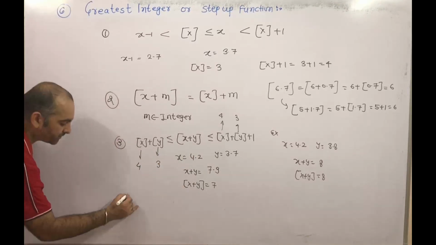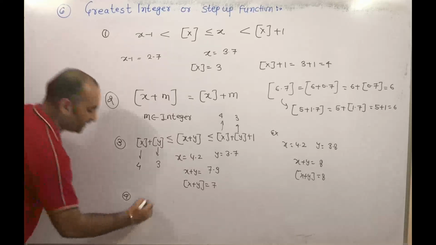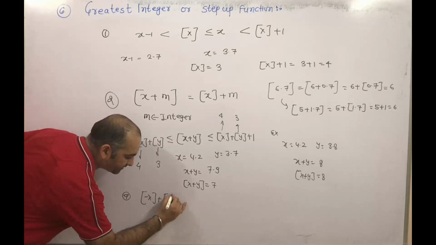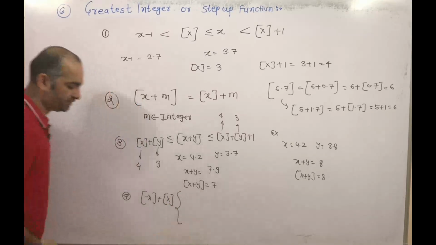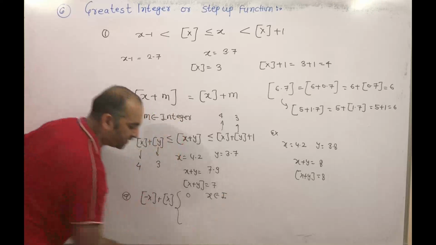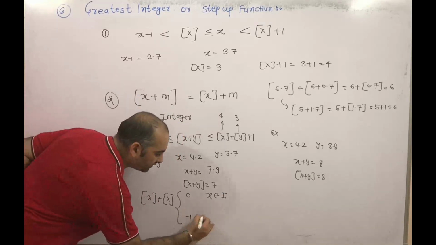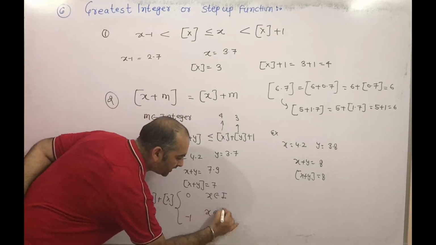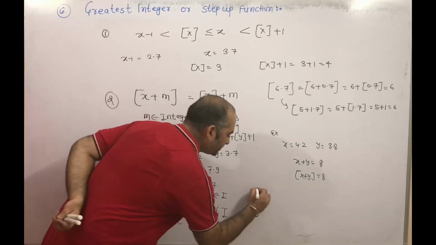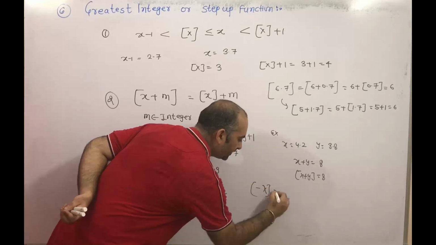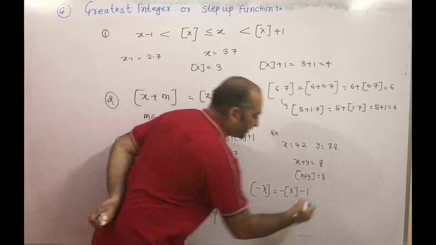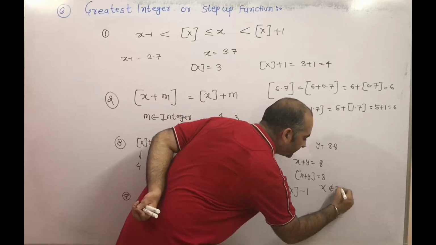Fourth property. The fourth property we already discussed. If I have the greatest integer of minus x plus the greatest integer of x, this value we discussed already. This will be 0 if x belongs to integers, and it will be minus 1 if x is not an integer. That means minus of the greatest integer of x minus 1 if x is not an integer.